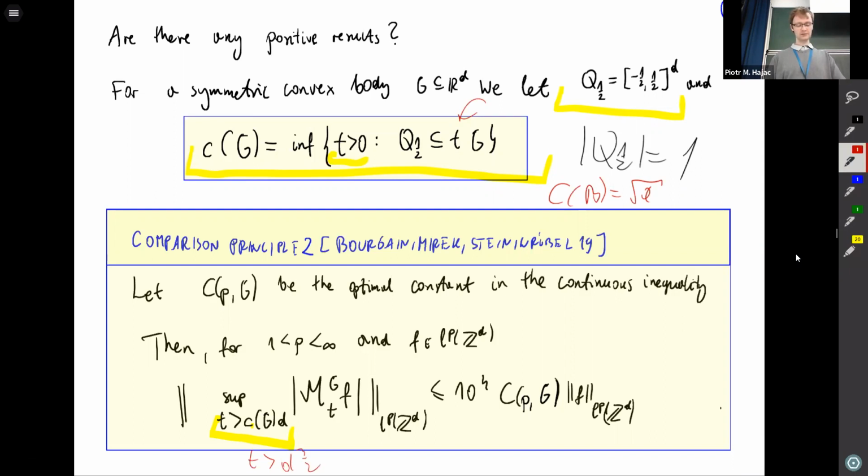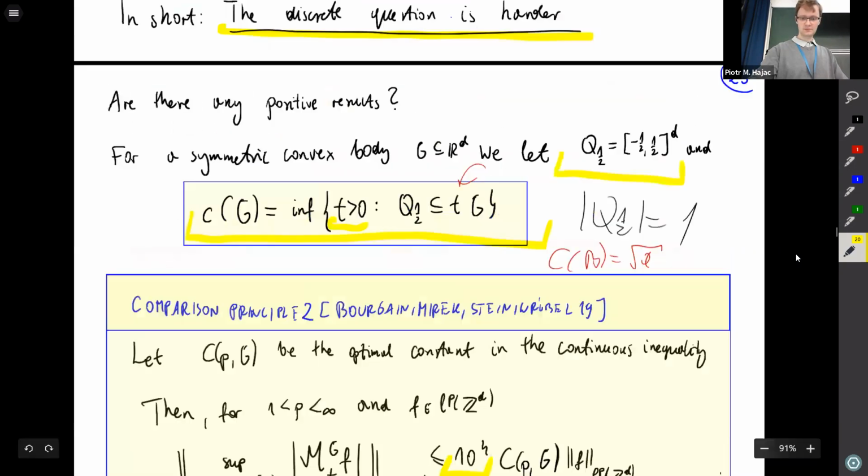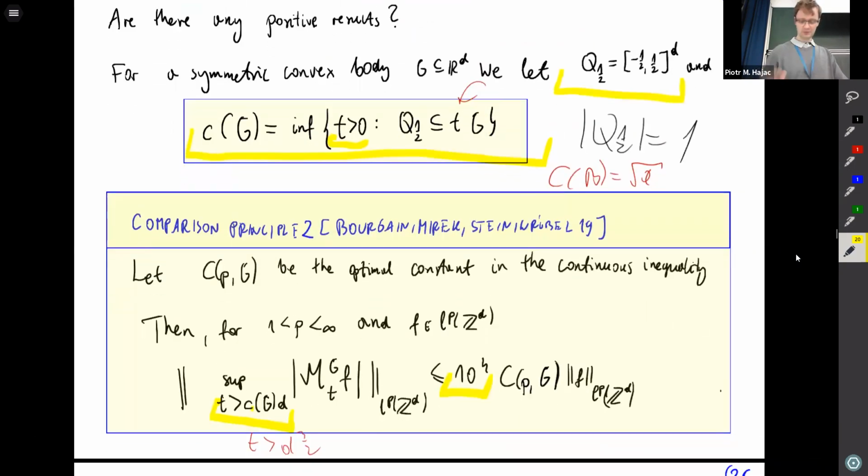Then apart from a factor 10^4, you have a control in terms of the continuous constant C_p(G). So the problems are equivalent, but for large times.